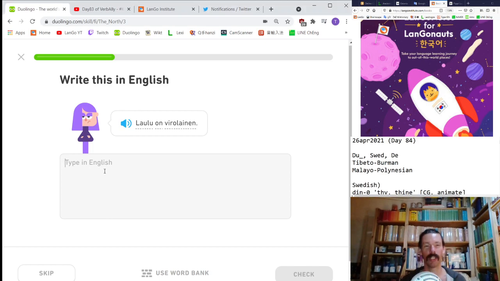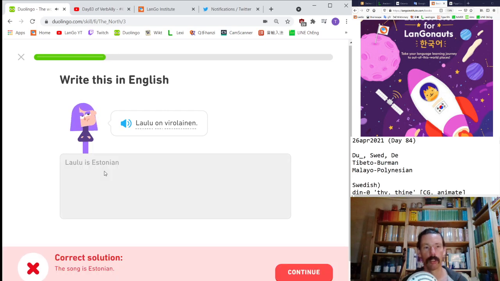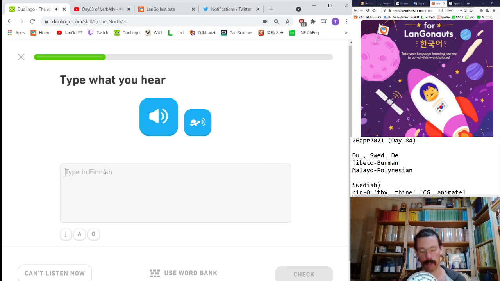Laulu on virolainen. Must be a name. Well, it mustn't be, but I'm guessing it is. Laulu on virolainen, from Estonia. Estonian song. I should have looked. Hyvä laulu on islantilainen.